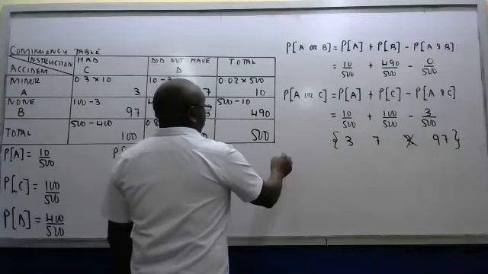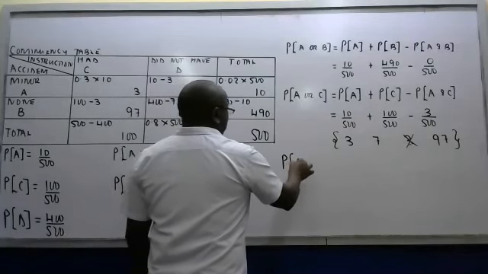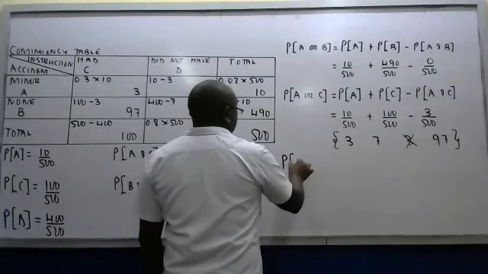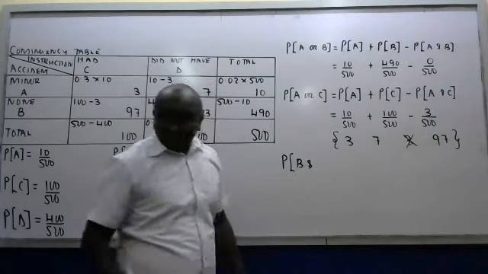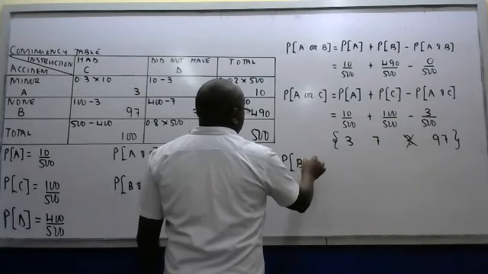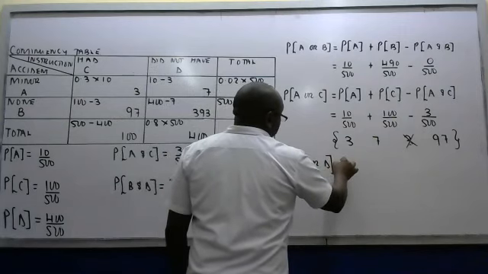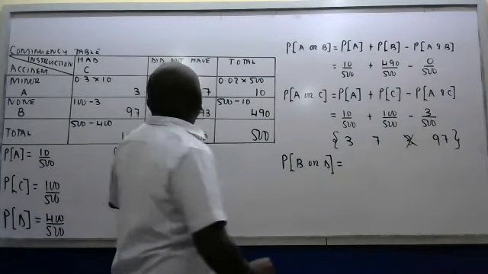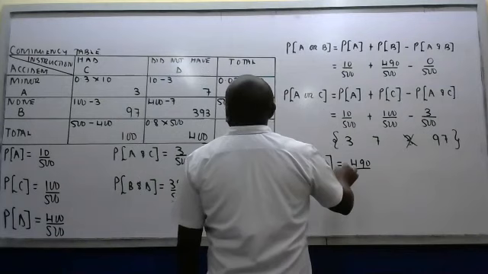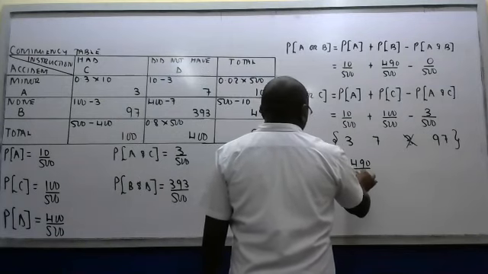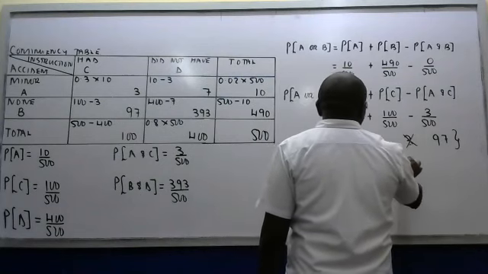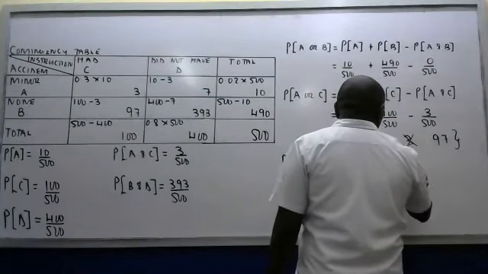Then, if you are told to get probability of B and D, no, not at all, I want all: probability of B or D. So this one I will open straight. Probability of B is 490, you divide by 500, plus D is 400, 400 out of 500.